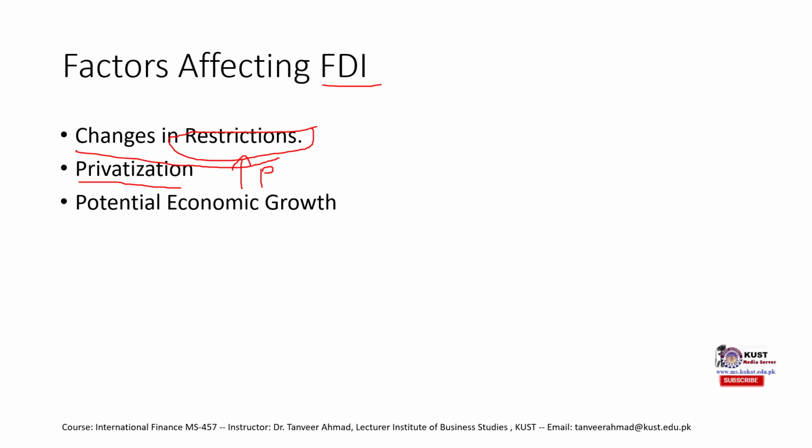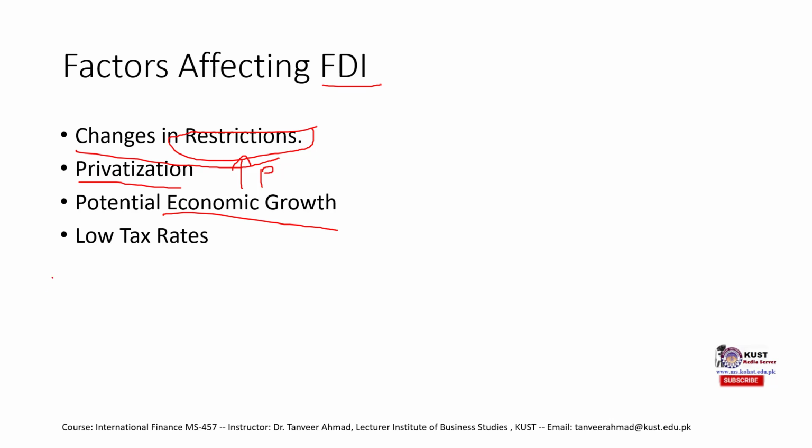Then there is potential for economic growth, and what this means is that countries that have greater potential for economic growth would have more chances to attract foreign direct investment, because the investors would realize that if they invest in these growing economies, they would capitalize on this opportunity and get a higher return on their investment.